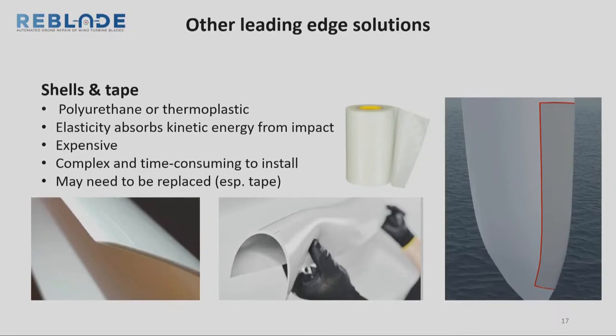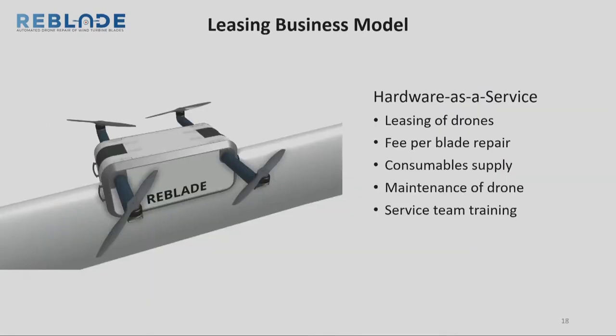I'm sure people will suss it out, but a lot of the shell systems are failing. They take a long time to install. It's quite complex, and they are failing. But I think long term, these will probably be quite a good solution. But the wet LEP is also getting much more advanced now.